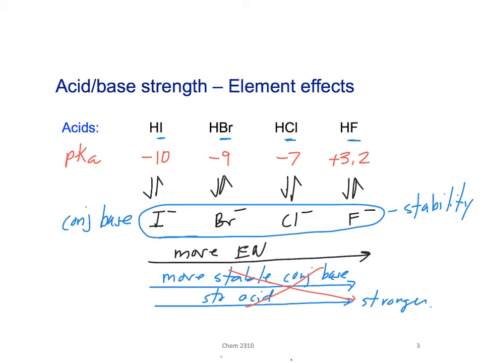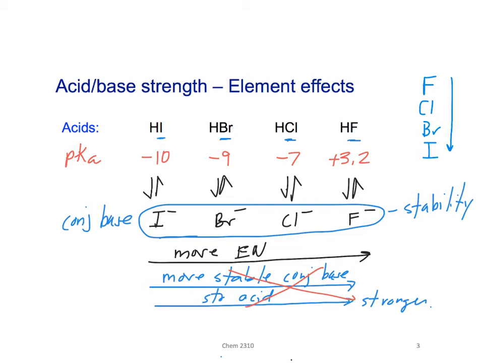So we know that as we go from fluorine to chlorine to bromine to iodine down the periodic table, we're adding layer after layer of electrons and orbitals. So it's getting bigger as we go down.